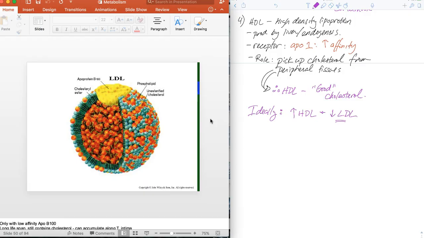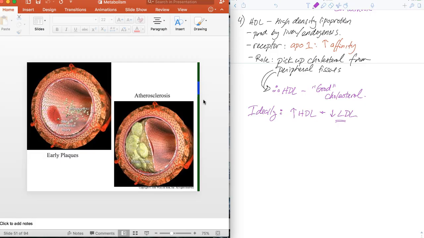LDL, you got the ApoB100, but again, that's the low affinity receptor. And then atherosclerosis is happening in everybody, even at a small age, even at like early teen years, you can actually see evidence of atherosclerosis in a bunch of blood vessels.